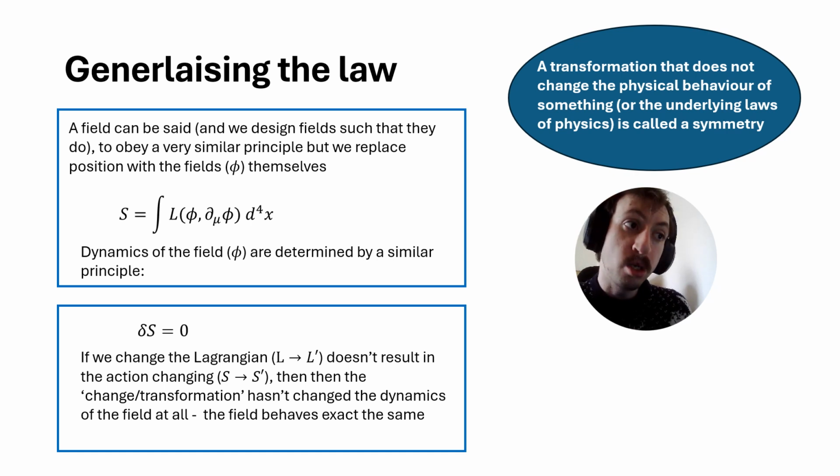They do change the Lagrangian, so they are altering the system in some way, but because they don't alter the action, and the dynamics come from trying to minimise or maximise the action, these changes don't impact the dynamics of our system in any way. And so these kinds of changes are symmetries.